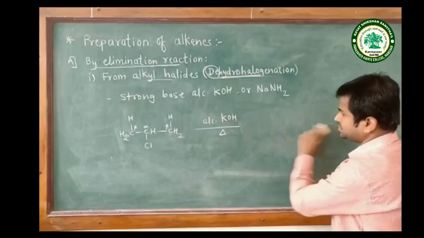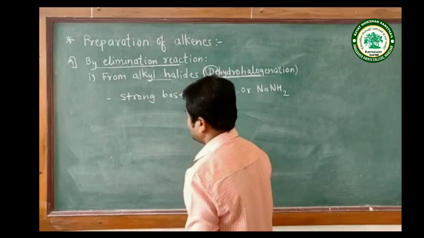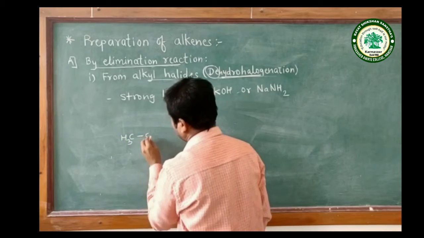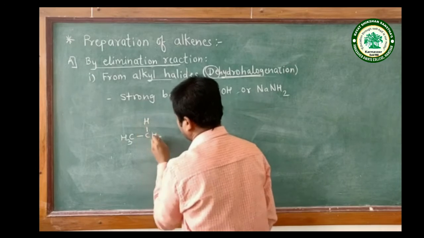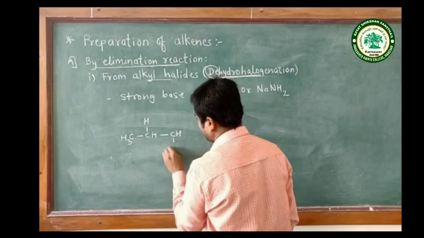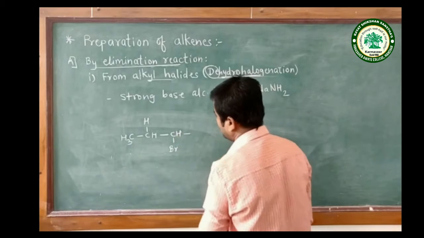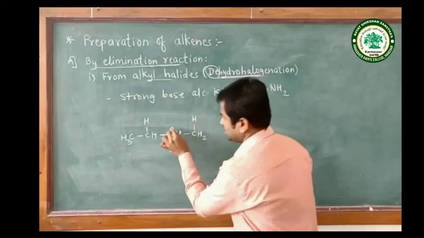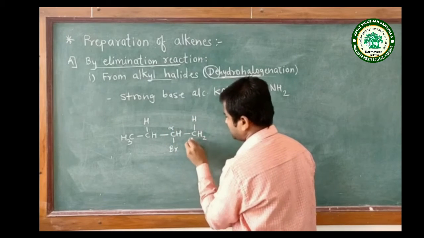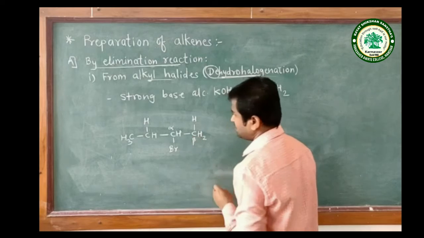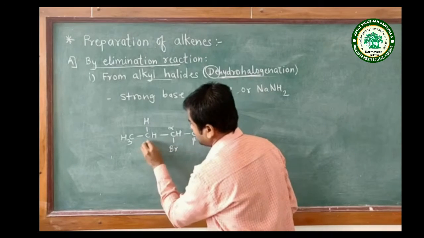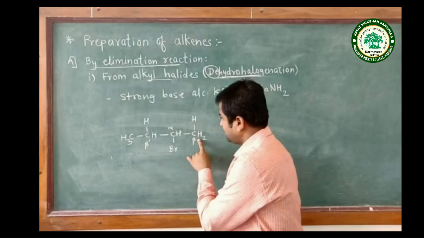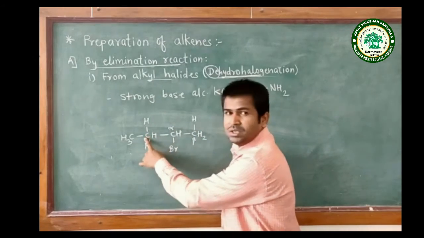For example, 2-bromobutane. This is alpha carbon, this is a beta, and this is a beta dash. This is CH3 and this one is a CH2.